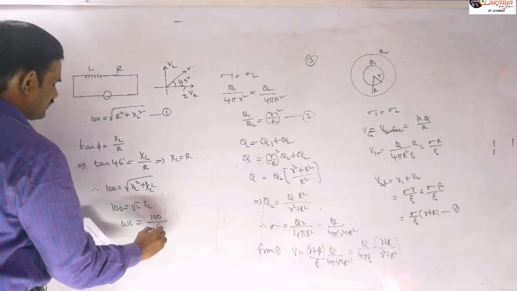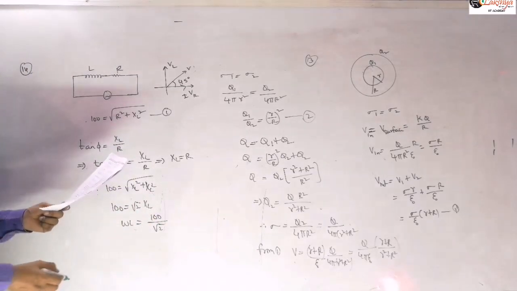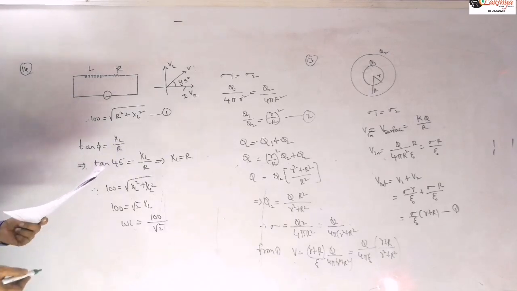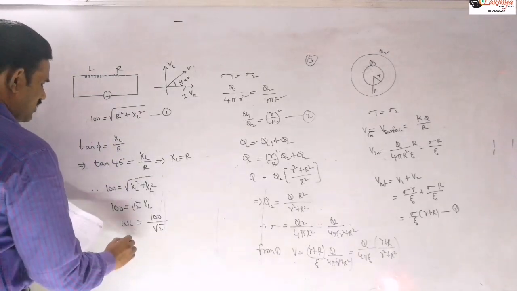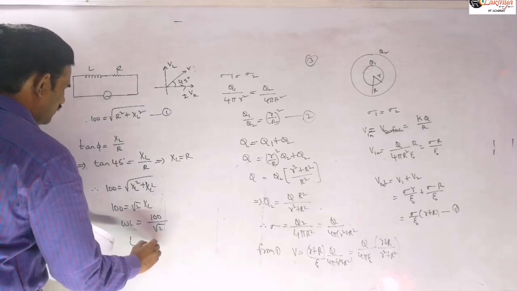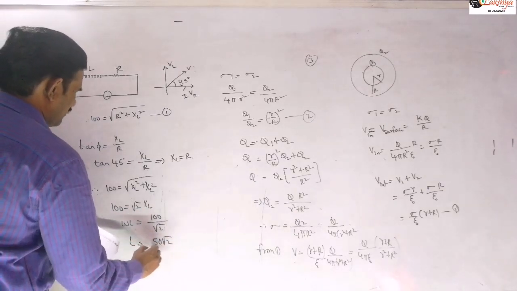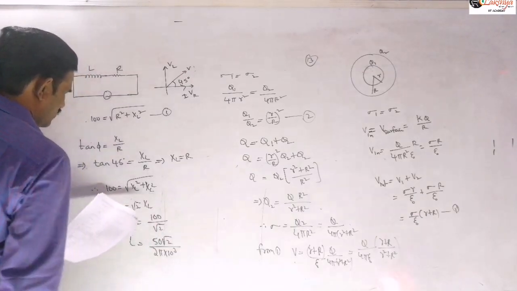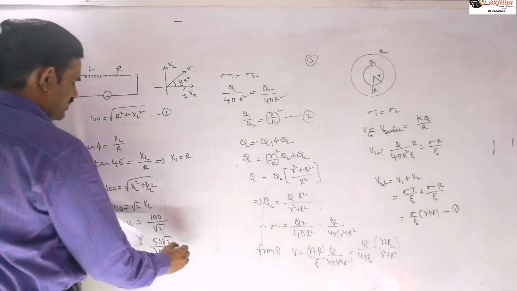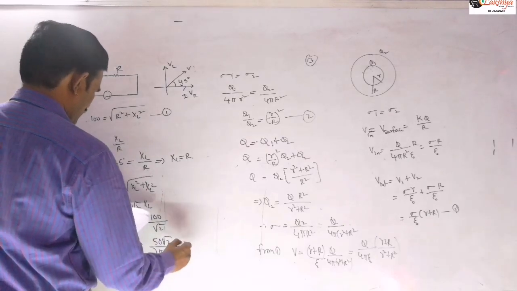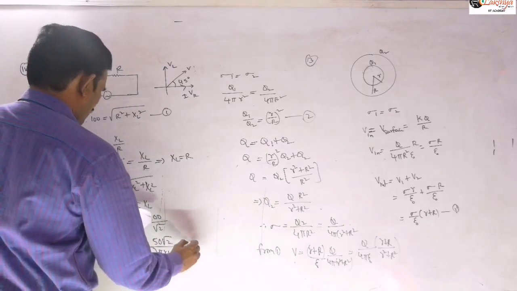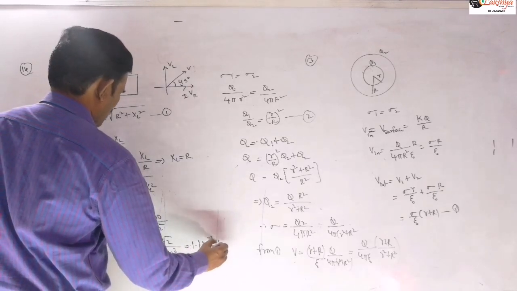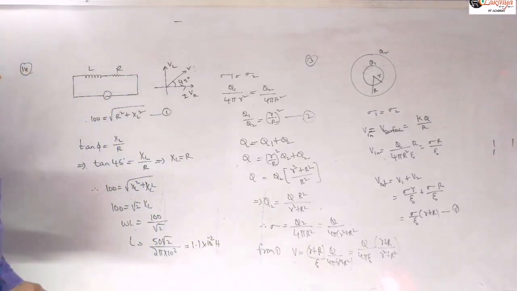And then omega, you can substitute that frequency 1000 is given. So therefore L is equal to 50 root 2 by omega. Omega is nothing but 2 pi f into 10 cube. So if you simplify this, we will get approximately 1.1 into 10 power minus 2 henries.